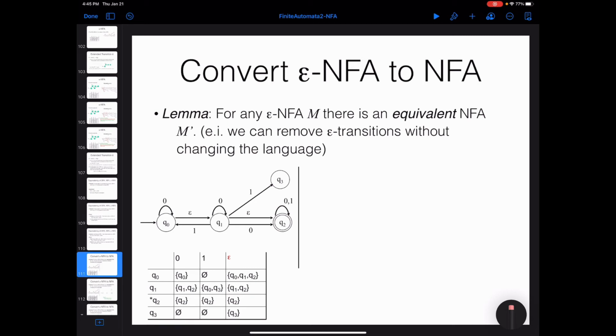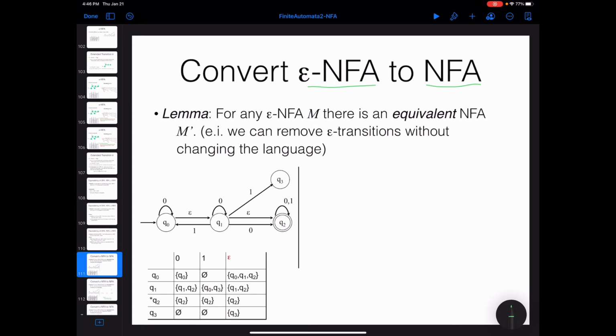You just try to keep track of all possible states that you can be in, and for each one you will create one state in your DFA. I didn't actually show it through the slides here, but I can do the example for you. And then, in addition to this, I'm going to show you how we can convert epsilon NFA to NFA. I think this one is going to be more interesting. So the slides are going to cover how to convert epsilon NFA to NFA, but I will show you how to convert epsilon NFA to DFA as well.